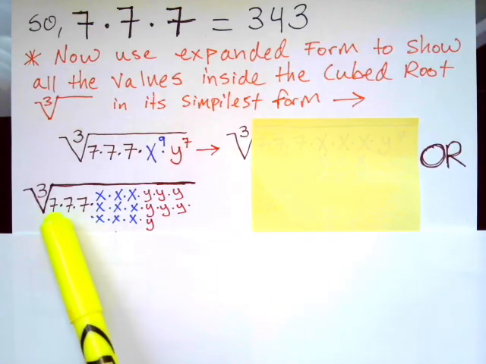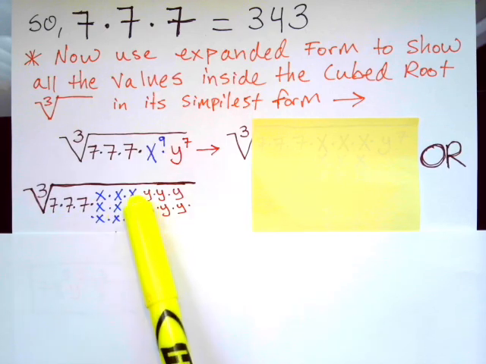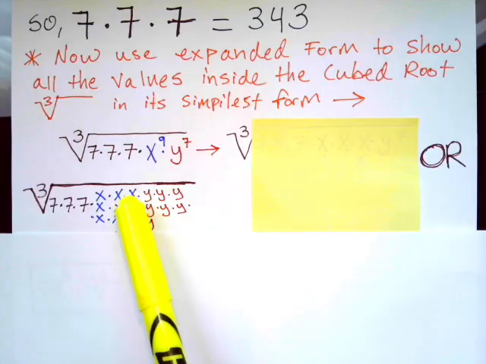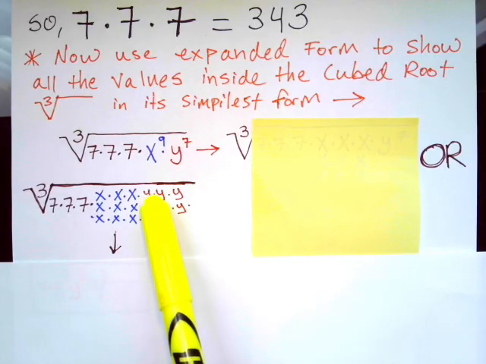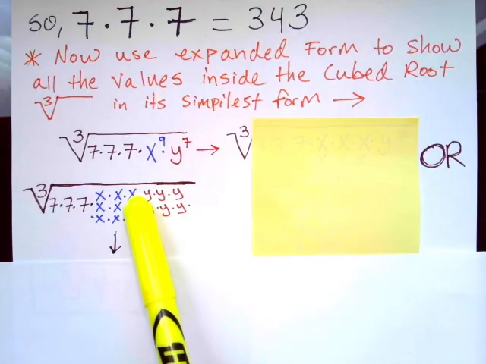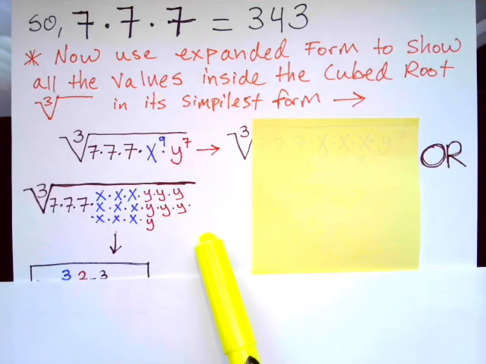For each of these three groups, I can pull out one 7. I can pull out x to the first power, another x to the first power, another x to the first power, because we have three groups of x's. I have y times y times y, that's y to the first. Y times y times y, that's y to the first. What's 1 plus 1?